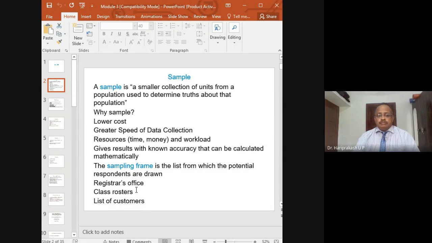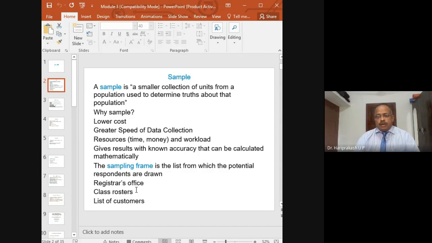Sampling frame. So this is another term that you have to be familiar with when we are discussing sample. Sampling frame is the list from which the potential respondents are taken or drawn. So I was talking about research that, say for example, you are doing on Maruti cars.